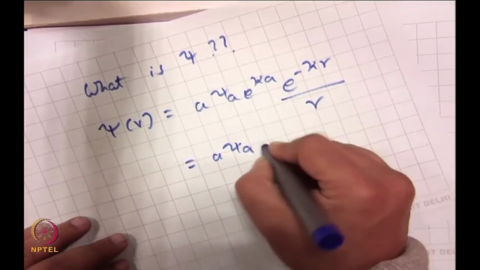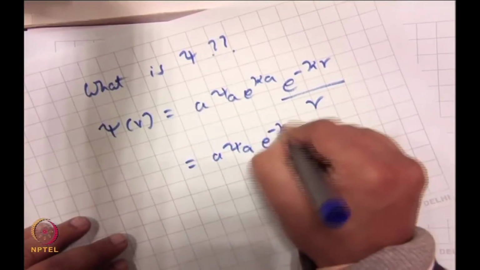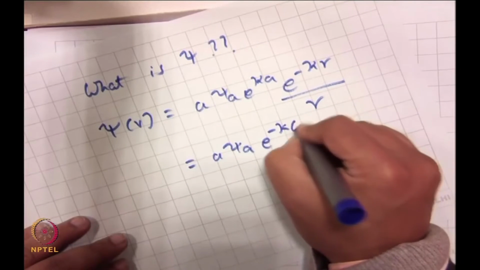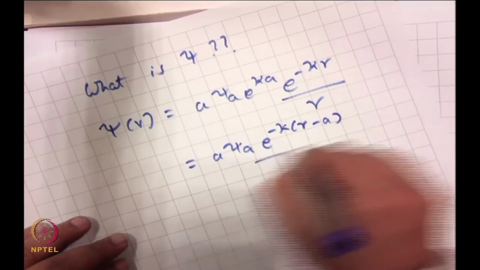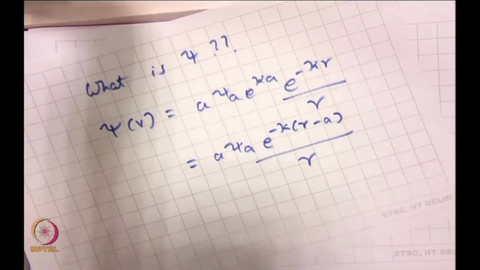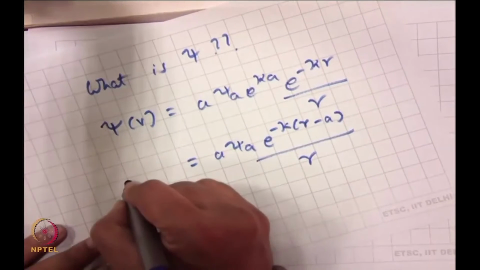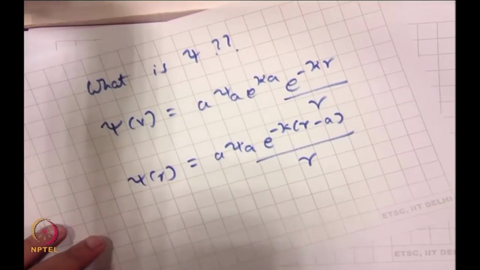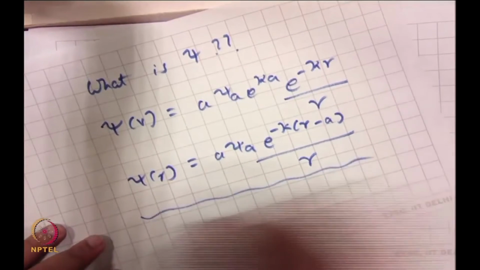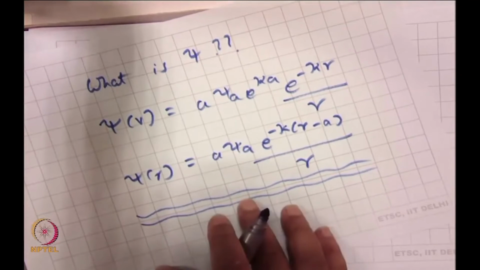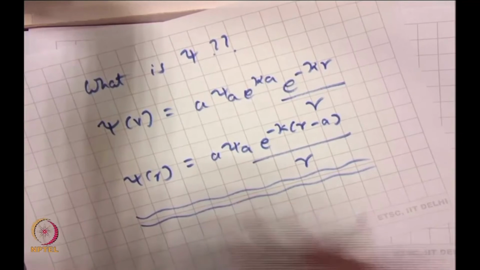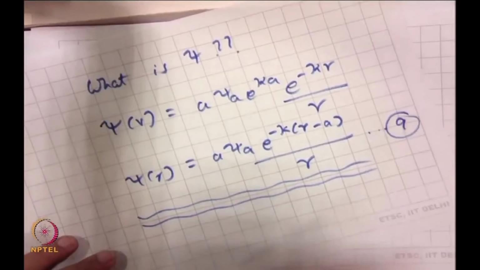This is essentially e to the minus kappa, r minus a, over r. So, this is what your psi of r is. This would be equation, say, 9.